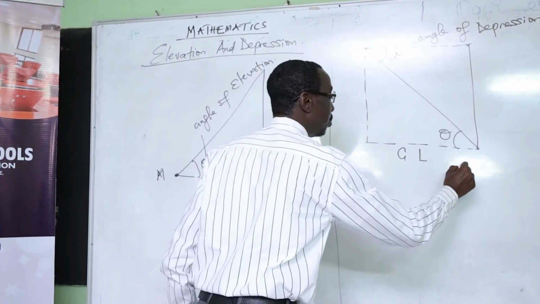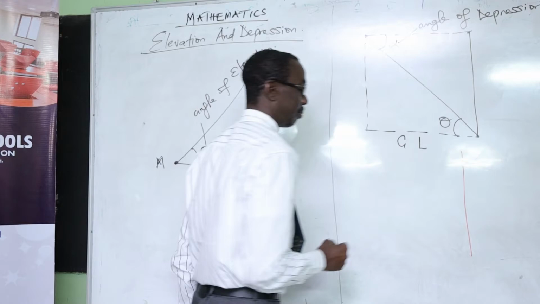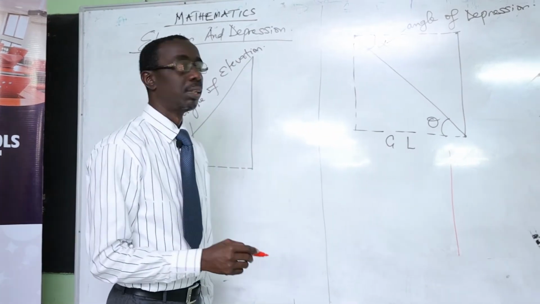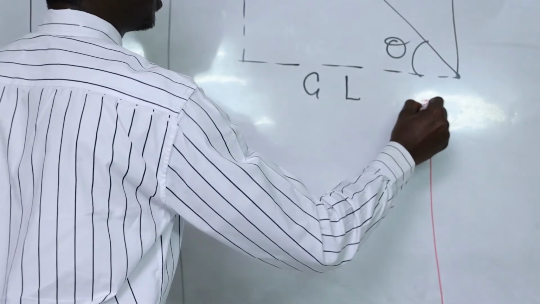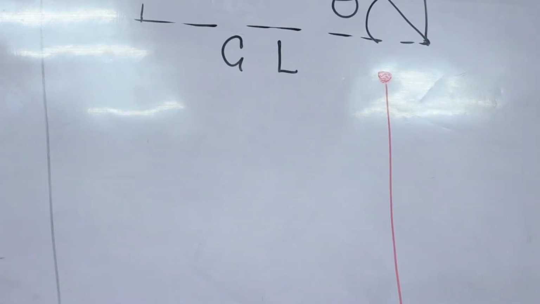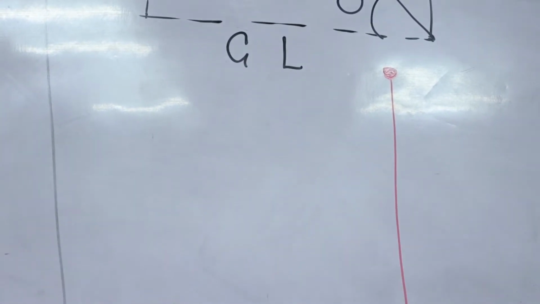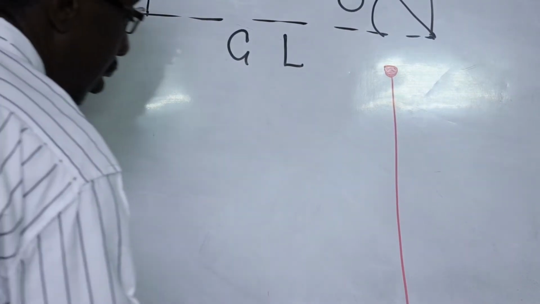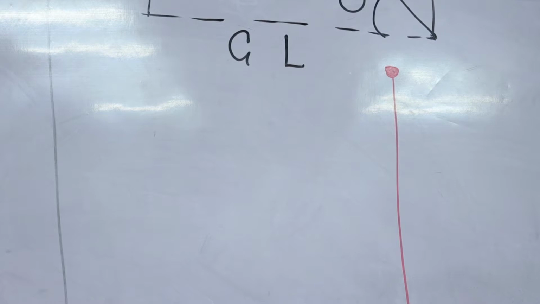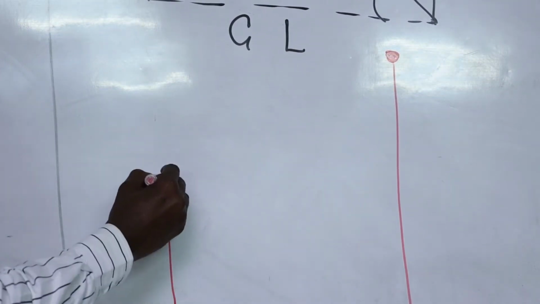Let's assume this is a tree, and there is a mango tree. And there is a mango that you are interested in on top of the tree. Of course, this is the ground level. You are standing.